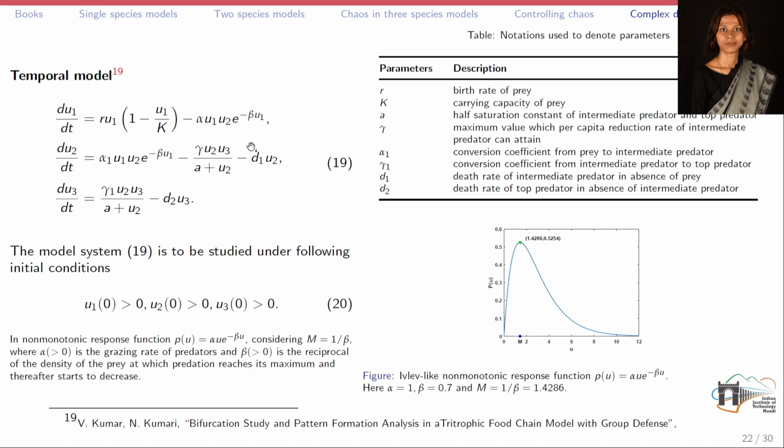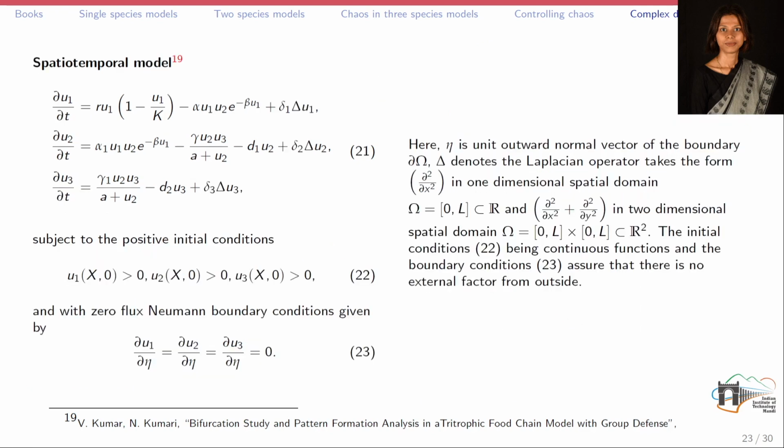Now d1 is the death rate of the intermediate predator in the absence of prey, and d2 is the death rate of the top predator in the absence of the intermediate predator. Now we have studied this mathematical model in a spatially extended form, because one of the goals of the study was also to understand how these populations are distributed in the spatial domain.